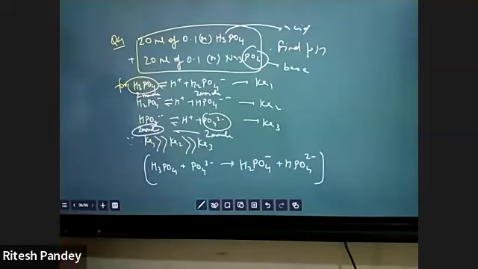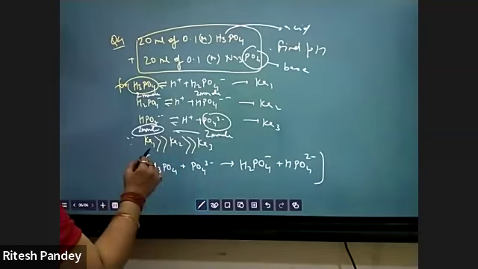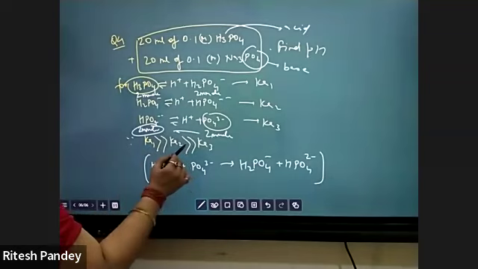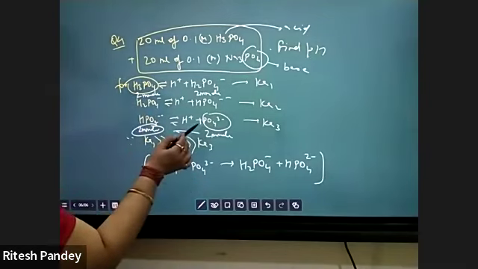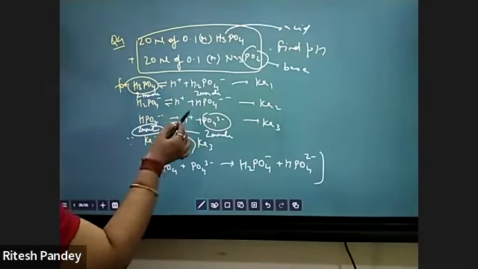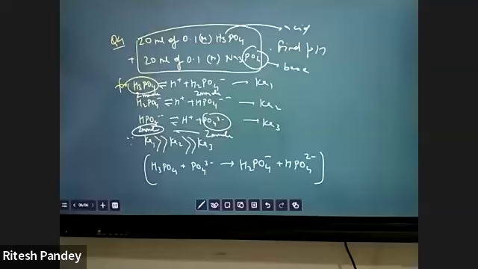This will gain H plus to become HPO4 2 minus. Trust me, I'm not telling you a story. K1 much more than K2, much more than K3. They differ so much that in the mutual presence of these two, this needs to move back and this needs to move forward. What's the problem?